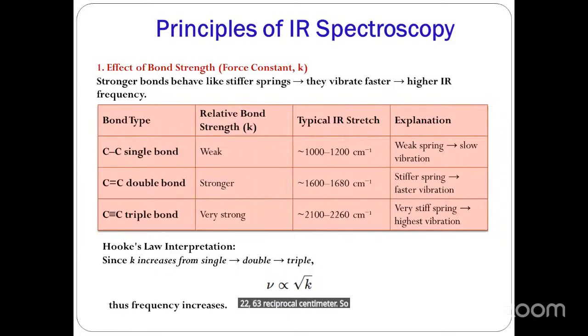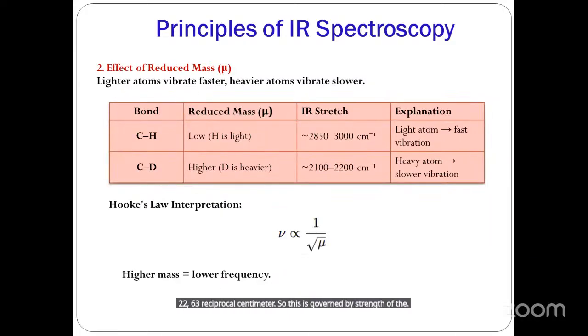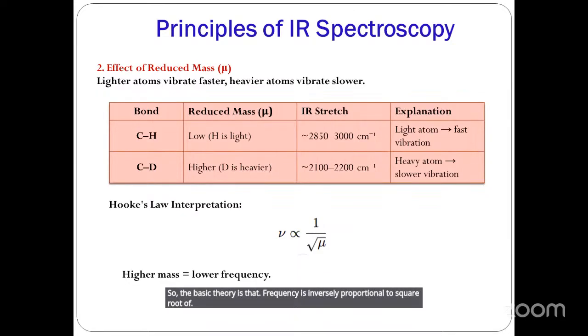So this is governed by the strength of the bond. And if you go to the reduced mass, the basic theory is that frequency is inversely proportional to the square root of reduced mass.